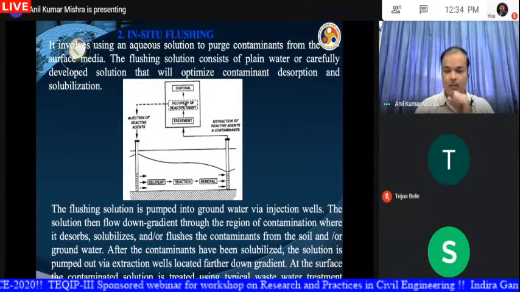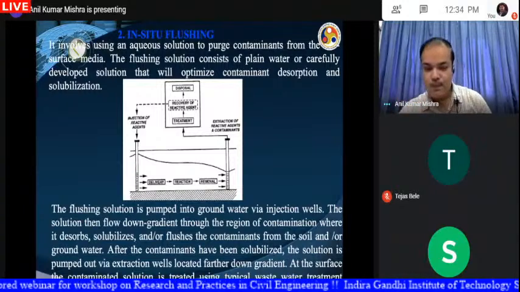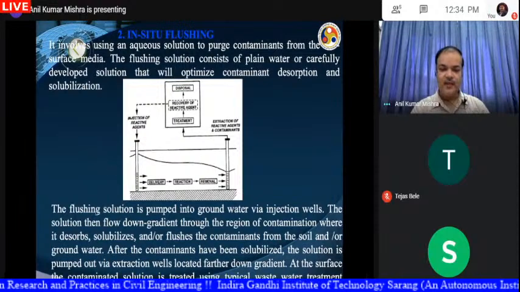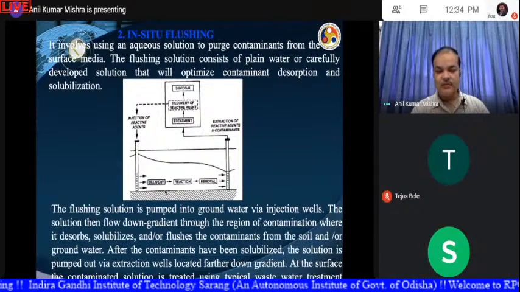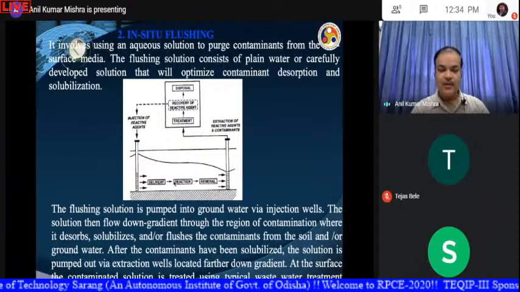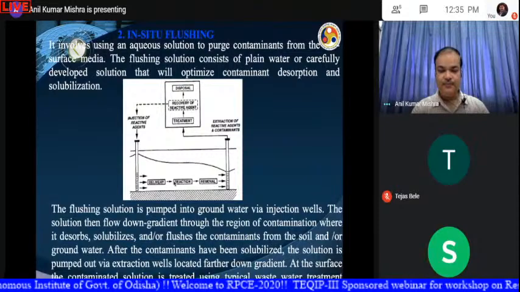This is called in situ flushing. A flushing solution is pumped into the groundwater via the injection well. The solution then flows down gradient through the region of contamination, where it will dissolve the contaminants. Then it will be taken out.